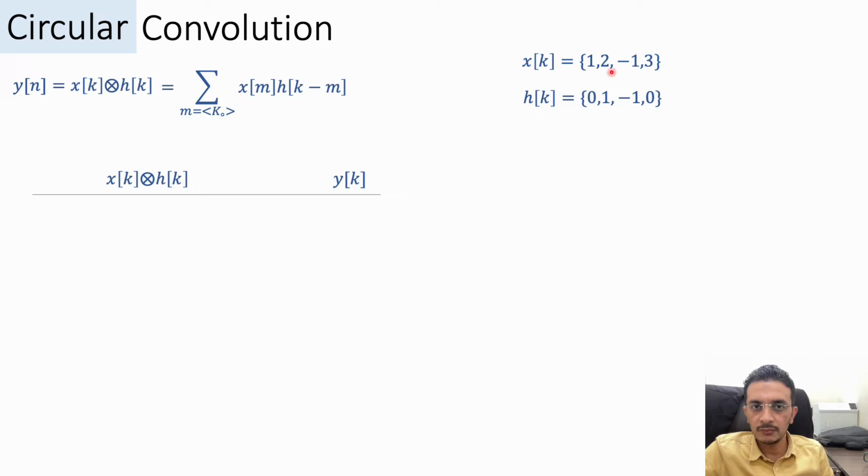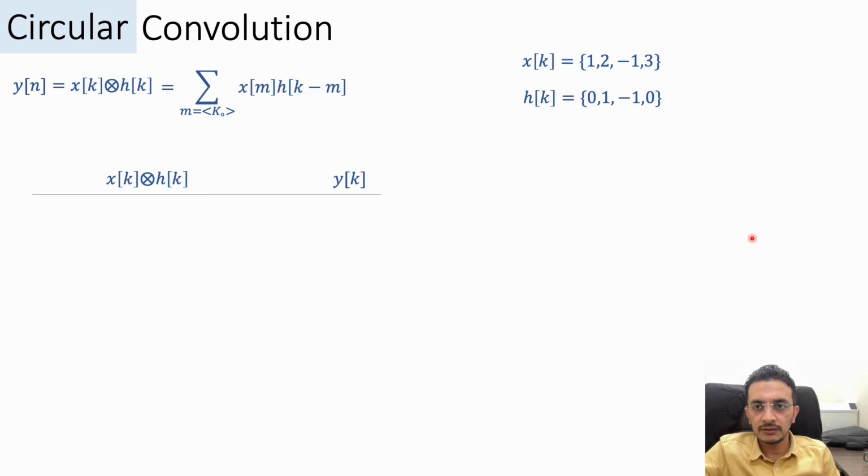It starts from here, ends here, and after that it will start to repeat itself, meaning the next samples will be 1 and then 2, then -1 and 3. It keeps on repeating itself after this, and the same is the case for h. So here in curly brackets we are representing only one, the fundamental period of the sequence. Now this is the convolution, and the result of that we will list down here.